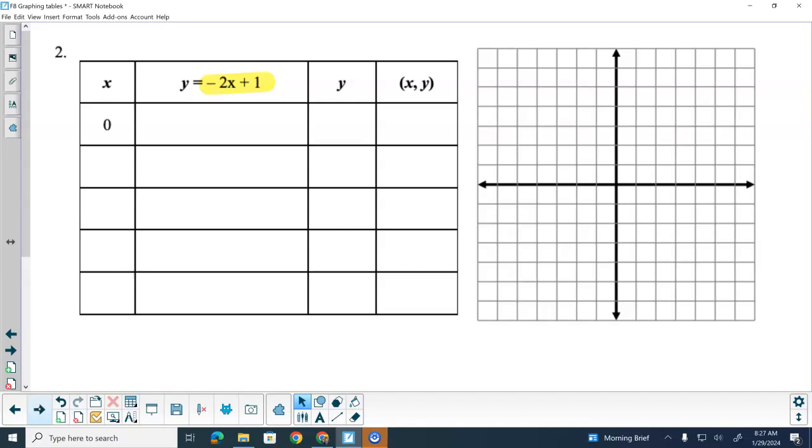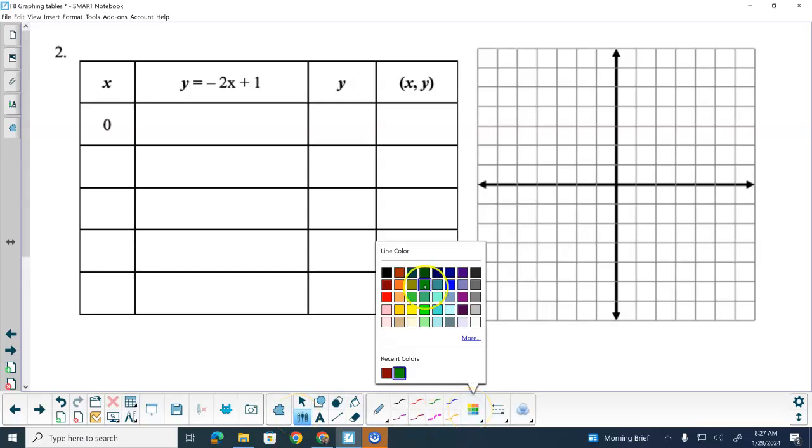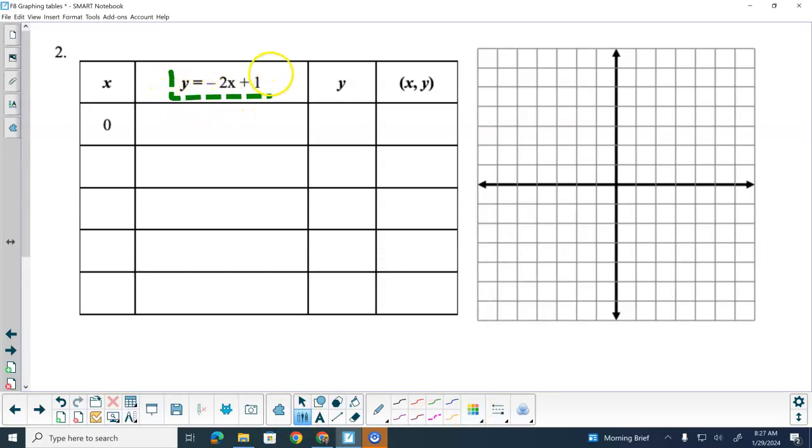Let's change our function a little bit. Let's make our function this time be y equals negative 2x plus 1. One of the numbers that you should always choose to put in should be 0. X equals 0. And what happens when you put in x equals 0 is you get something called the y-intercept. It's the spot that your line crosses that vertical y-axis.